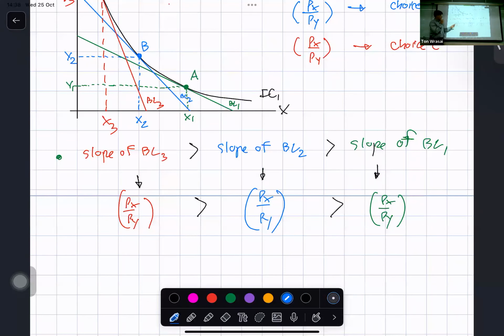Or we can say that the red relative price is higher than the blue relative price, and the blue is higher than the green relative price. There are 3 price ratios here. And now we can arrange from highest to the lowest.